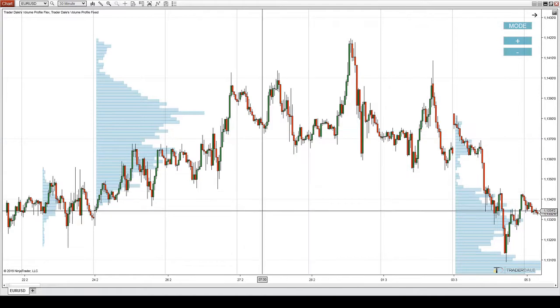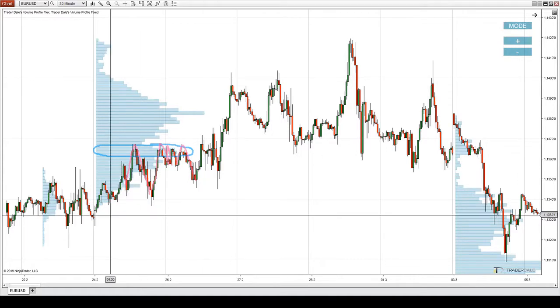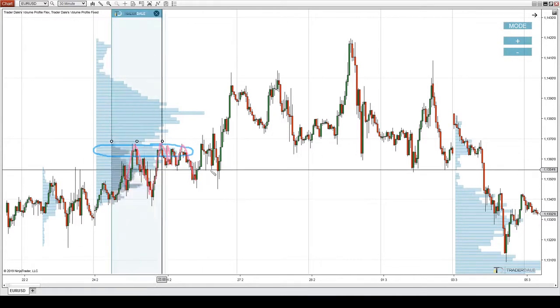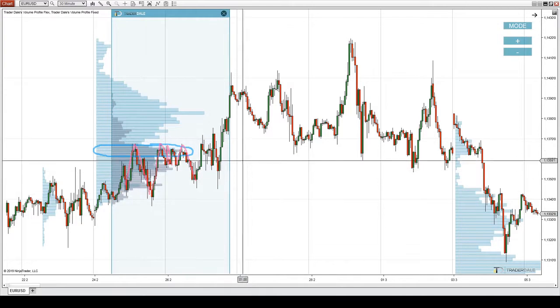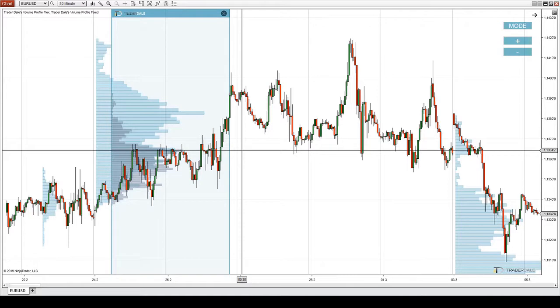Another interesting thing here are those heavy volumes combined with those rejections of this area. As you can see, those volumes are where the rejections occurred. And if you draw the profile over this whole rotation area, you can see that the heaviest volumes were in here, which worked as a strong support.